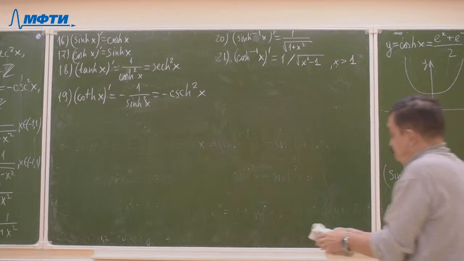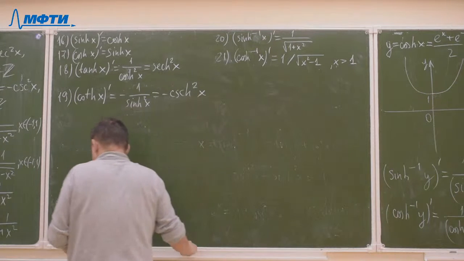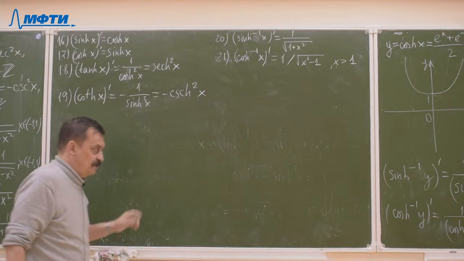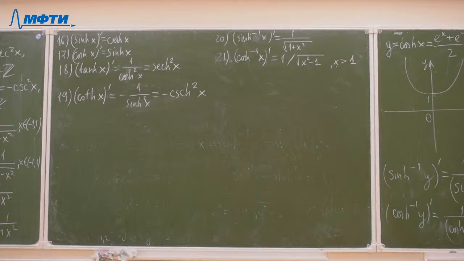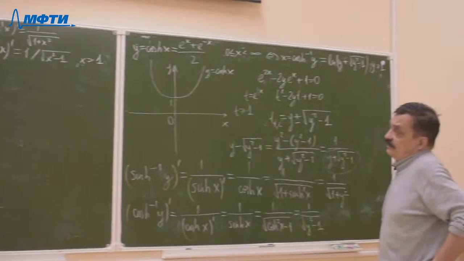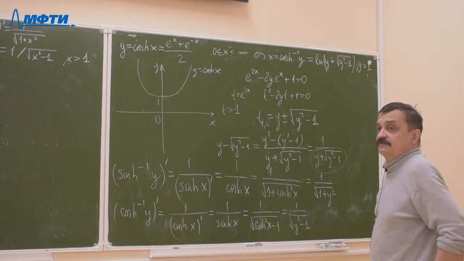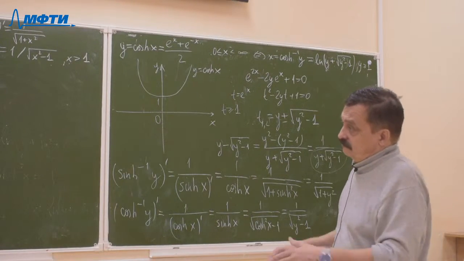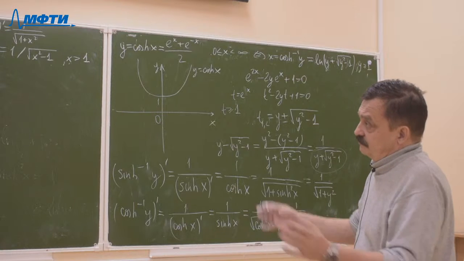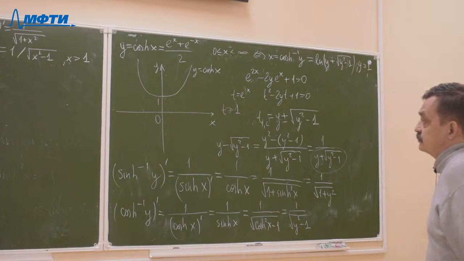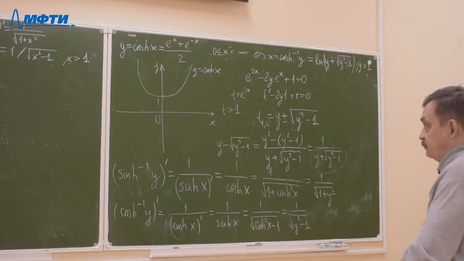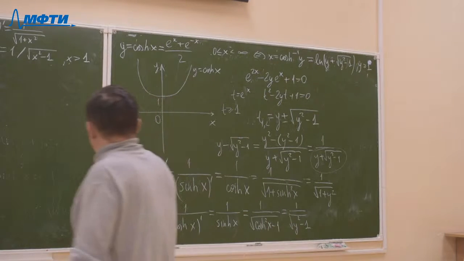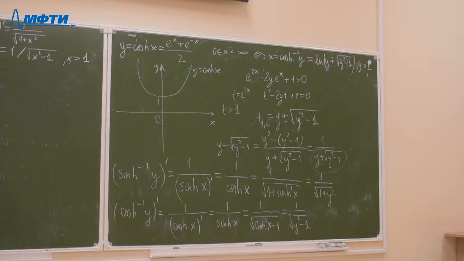They are useful, but I would say not necessary to remember. But as a good exercise to be able to use those rules for derivatives, it's a good idea to consider them. So let's now consider tan hyperbolic.